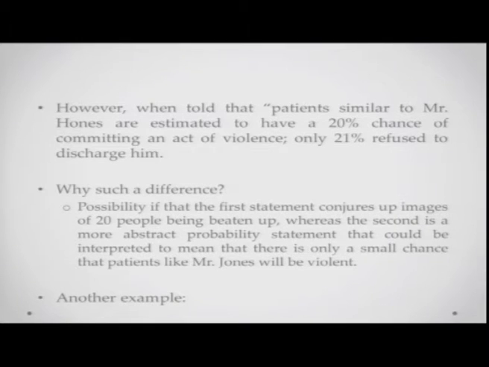The percentage is similar, here we are talking about 20, and there also we are talking about 20, but there we are talking about 20 of 100, which is a more tangible thing. In the second statement, we are just talking about an abstract probability, which probably makes it seem less likely that this will happen. 20% out of 100% is much less as compared to 20 people getting beaten up.